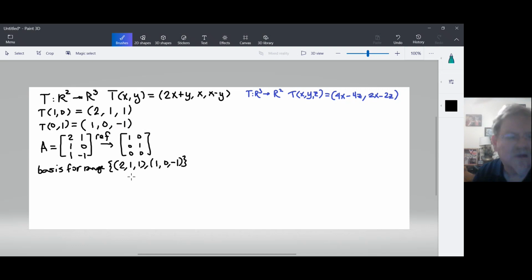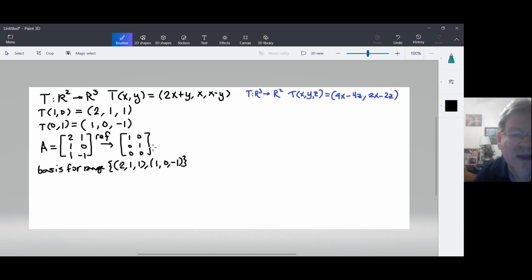So then the other question was, what is a basis for the kernel? That is associated with the null space of the matrix.